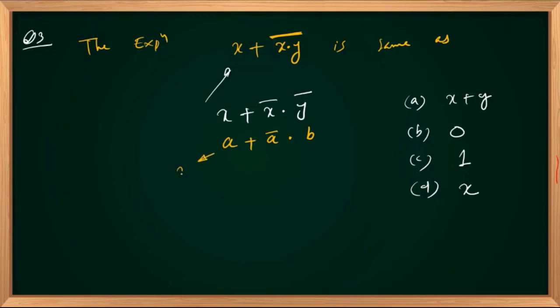A is nothing but x, A complement is x bar and B is y complement. What is A plus A bar B? That we have learned as A or B. So x plus x bar y bar will be equal to A plus B, that is x plus y complement. And none of the options matches, so let me add as fifth option x plus y complement.